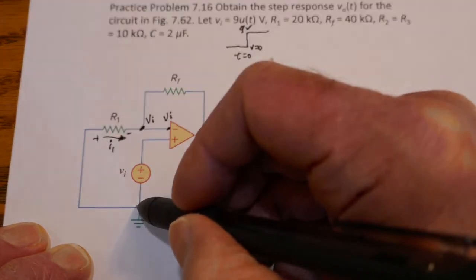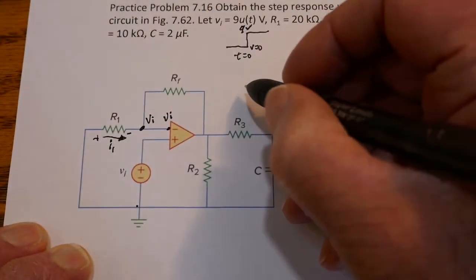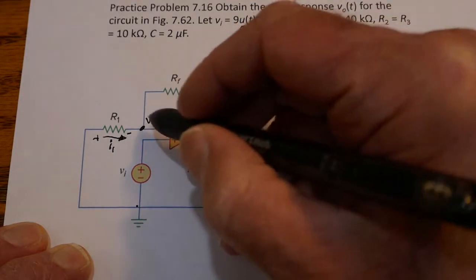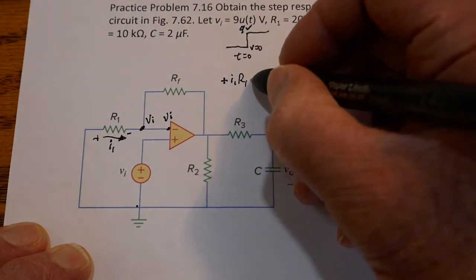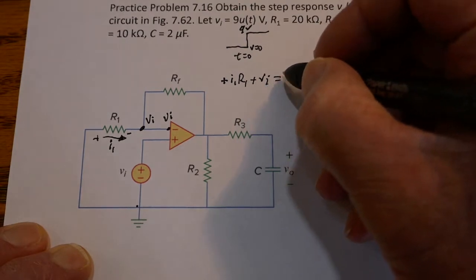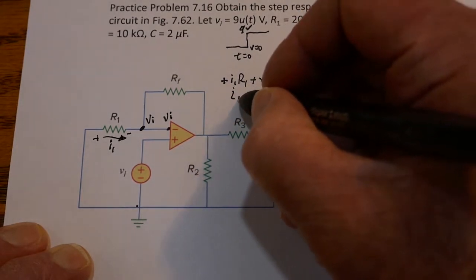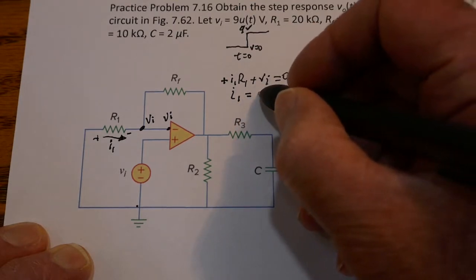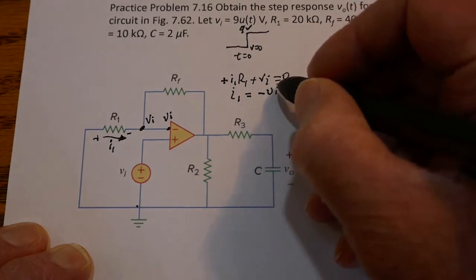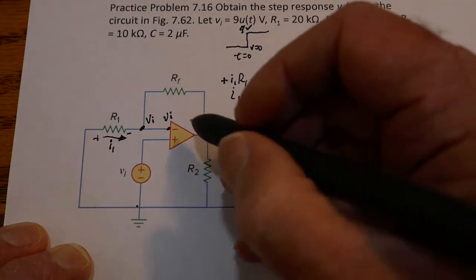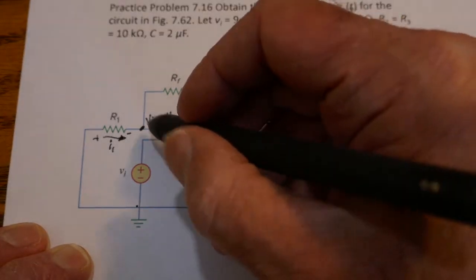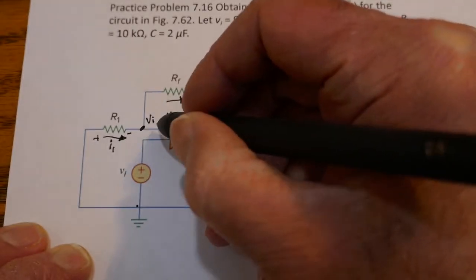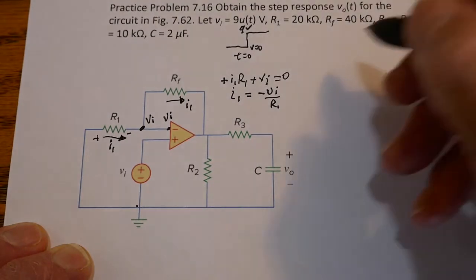Because if we go from around here, we get a KVL: plus I1R1, jump from VI to 0, plus VI is equal to 0. So I1 then is just equal to minus VI over R1. Now, this current is the same that flows through RF because there's no current that flows into the minus.